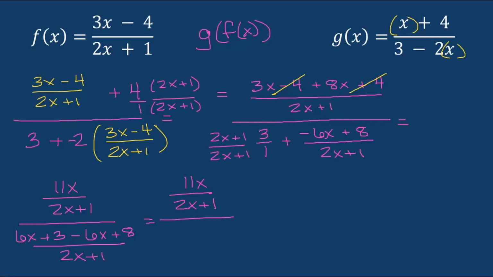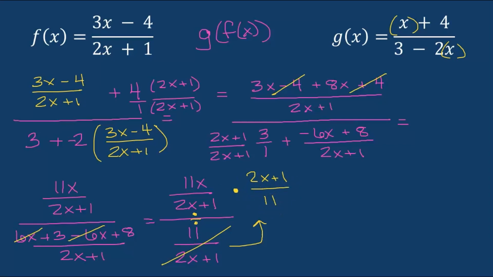Down here, we have a couple things that can cancel, the positive 6x and the negative 6x. The 3 plus the 8 make 11, all over 2x plus 1. Again, remember that if we have a fraction in the numerator and the denominator, we can consider this division, bring this up, and multiply by its reciprocal.